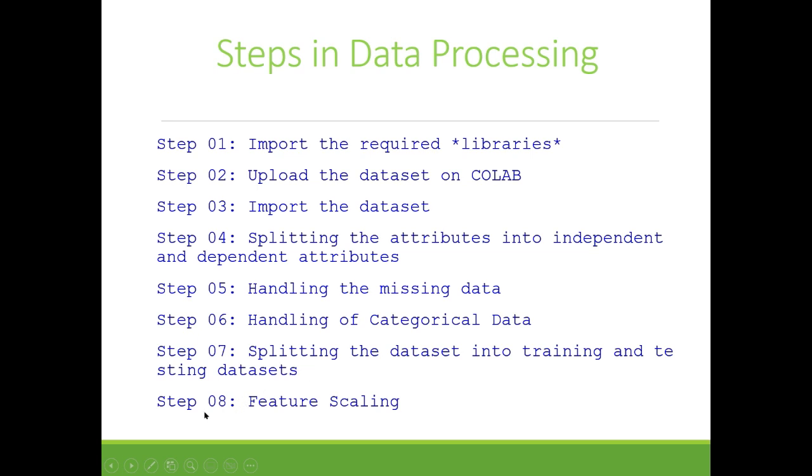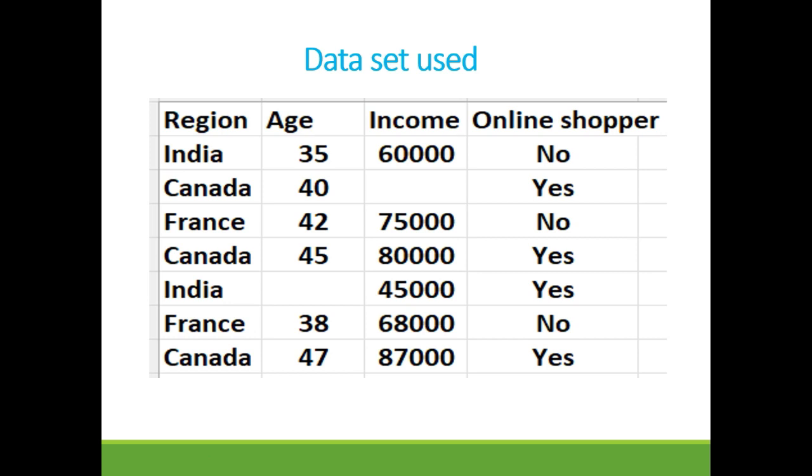And in the last step, that is step 8, we will perform the feature scaling. Why do we need to perform the feature scaling? As we can see in the data, in the age variable and in the income variable, in the second column and the third column, the range of the variables is different.